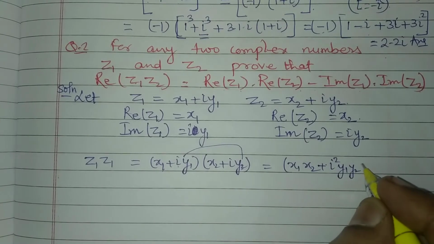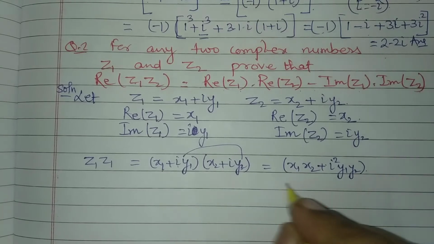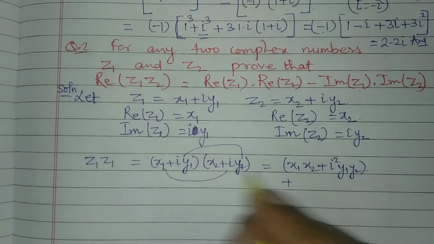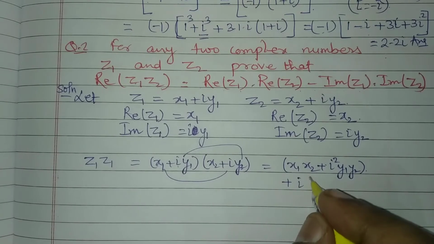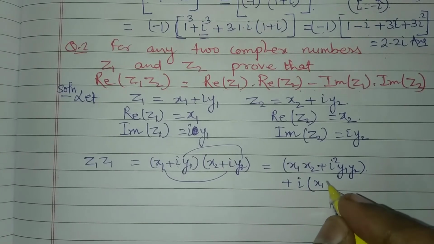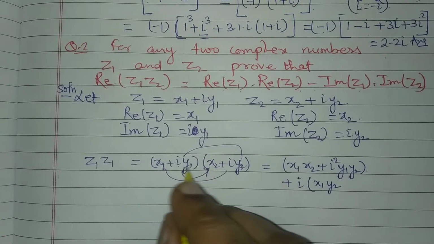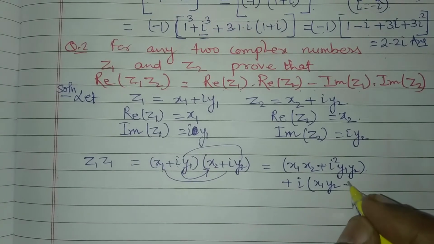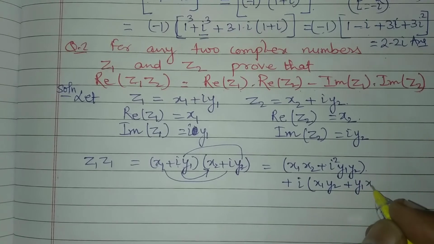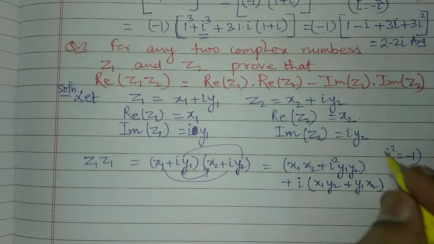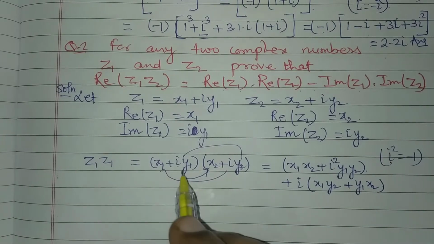This will give you the real part, and then if we will multiply these two first, so i will be common, x1 y2, and this we have multiplied, so I take in common y1 x2, and here in place of i square minus 1.